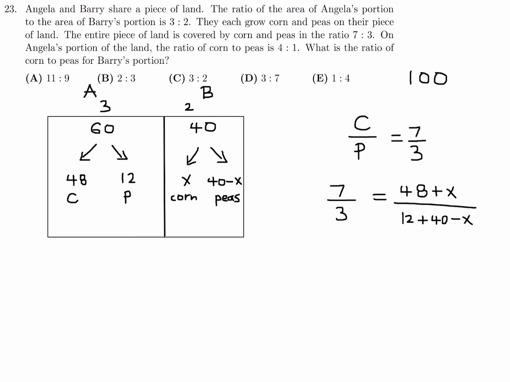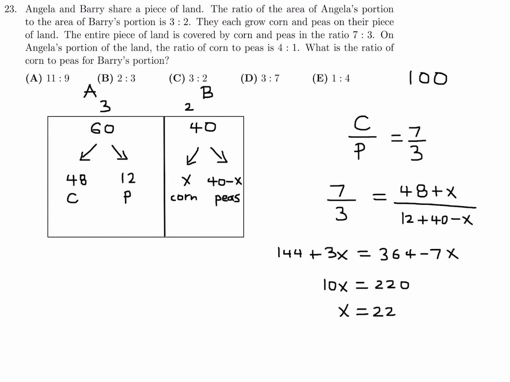And that is the algebraic equation we now need to solve. So cross multiply and you get 144 plus 3x, and then this is going to be 52 times 7, 364 minus 7x. Bring everything on one side and you get 10x is equal to 220, and therefore x is 22.